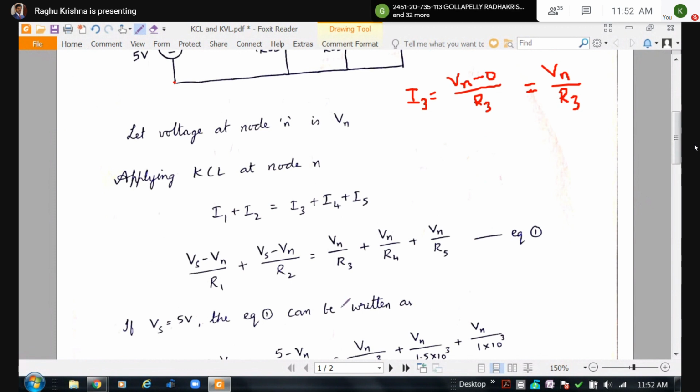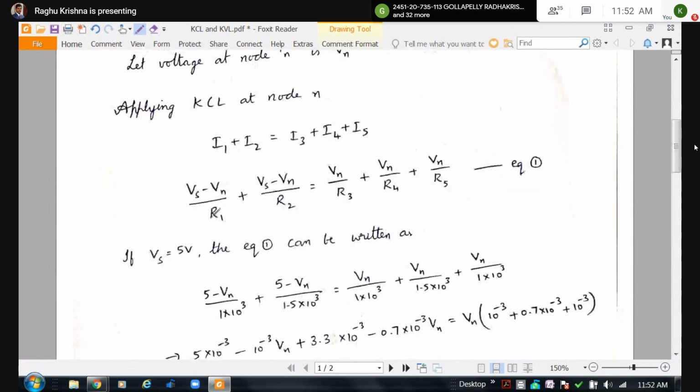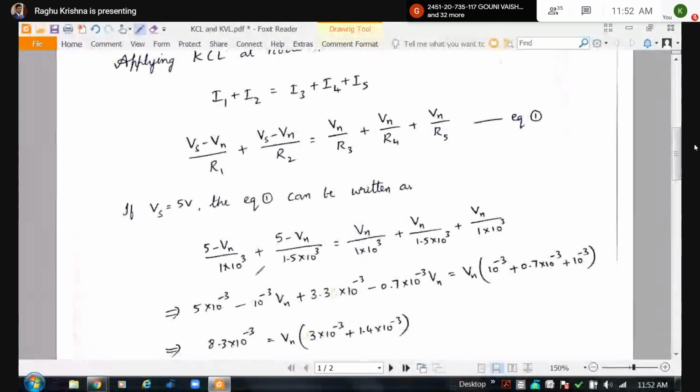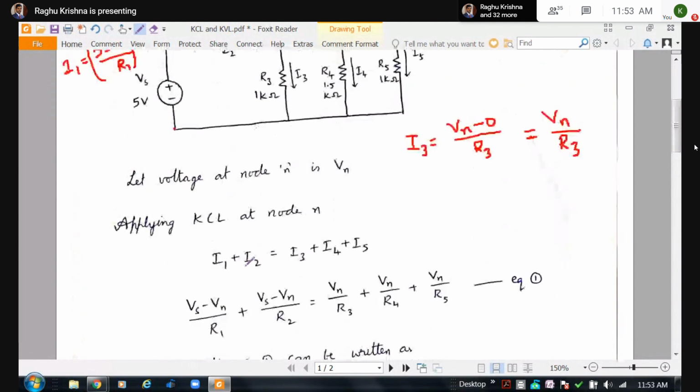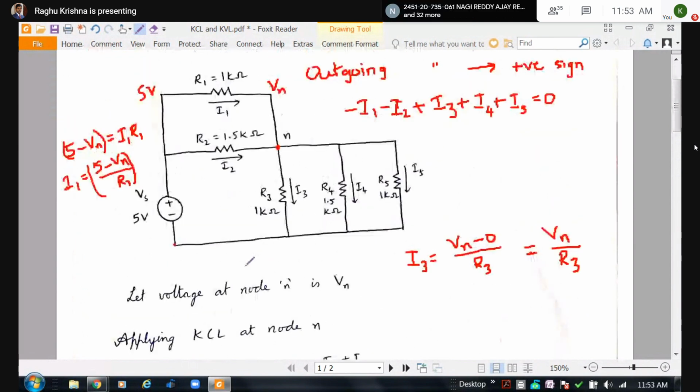Here R1 is 1 kilo ohms, that is 1 into 10 power 3 ohms. All the resistor values are in kilo ohms.